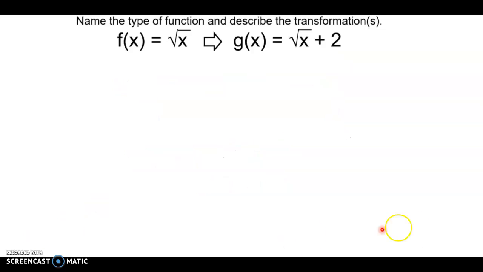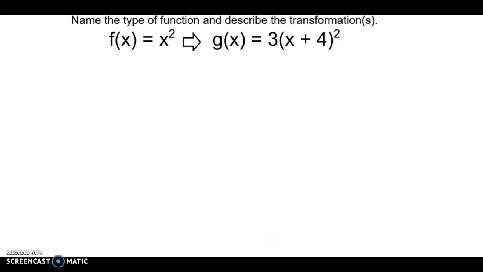Let's go to another example. f of x equals x squared, and we're going to move that to the function g of x, which is 3 times (x plus 4) squared. First off, we look at the x squared. X squared means that it's going to be quadratic.